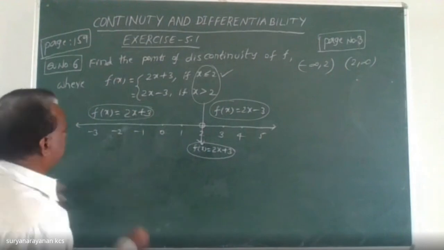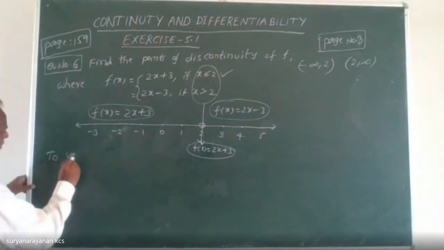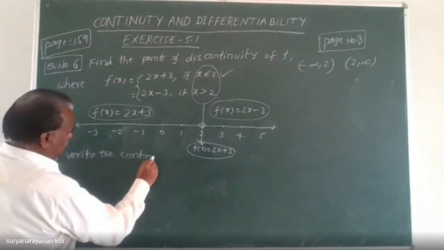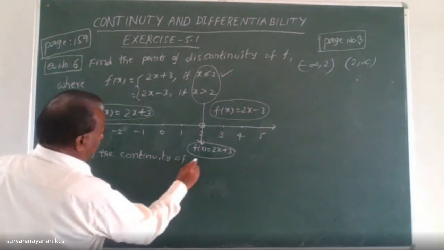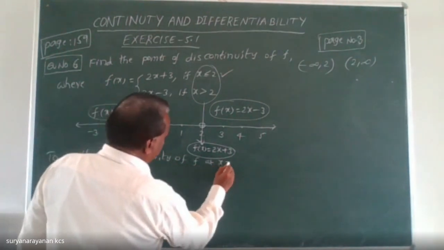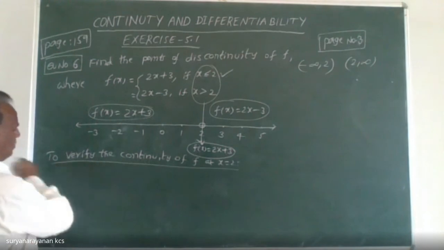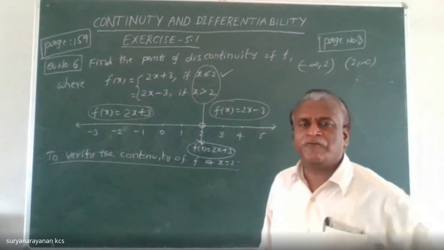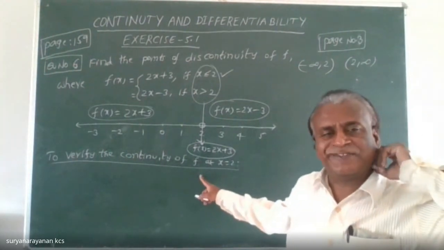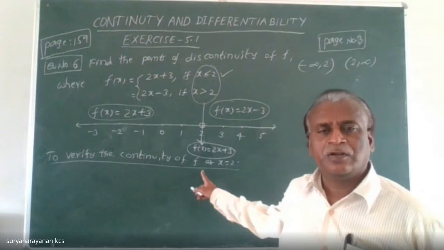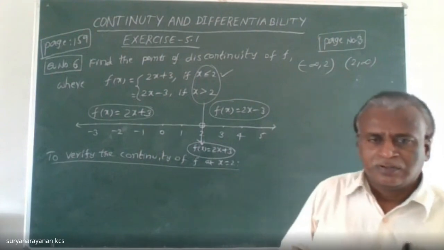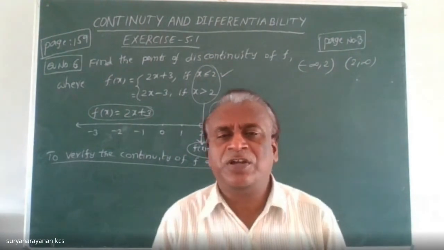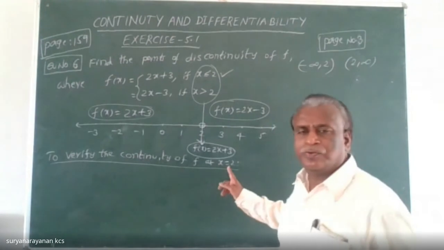So, to verify the continuity of f at x is equal to 2, how do you find the continuity of this function at this point, number 2? How do you find it?